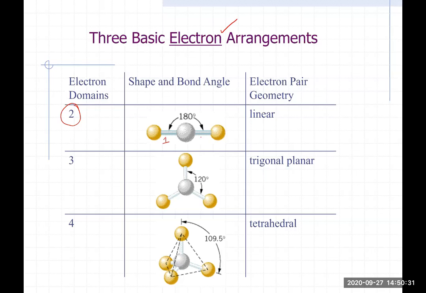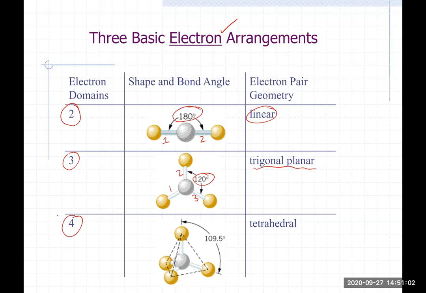This other single bond is electron domain 2. 180 degrees, linear. 3 electron domains. This is electron domain 1, 2, and 3. That is 120-degree bond angles and trigonal planar electron geometry.